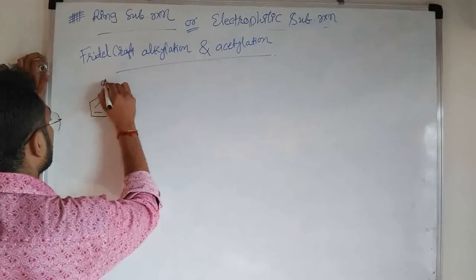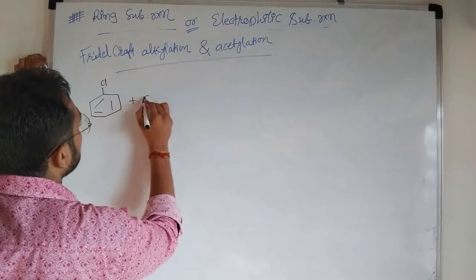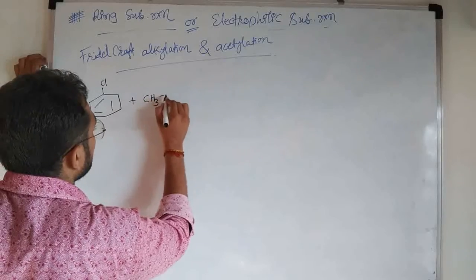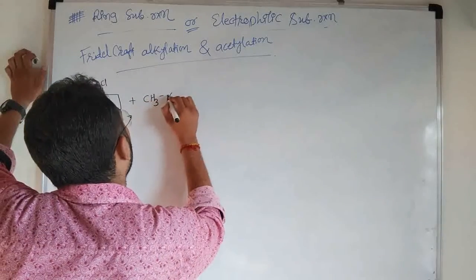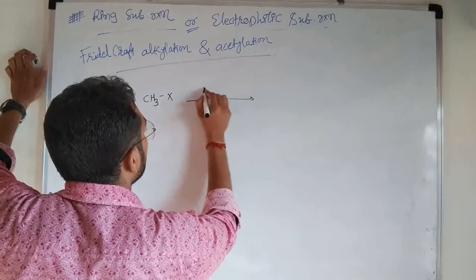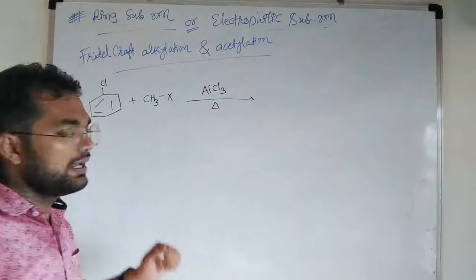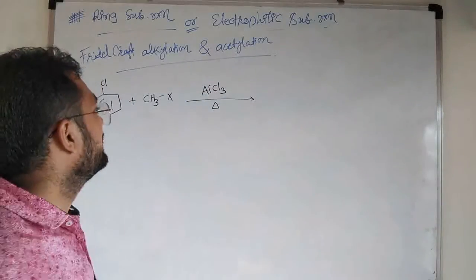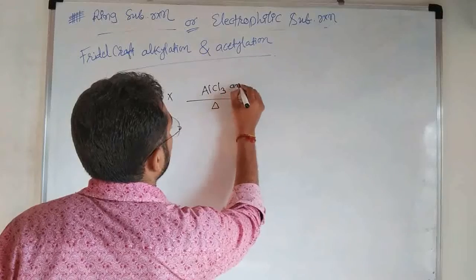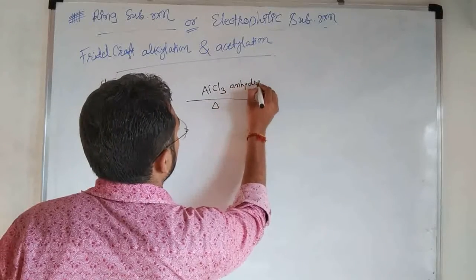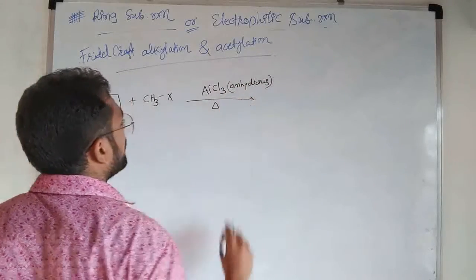This is chlorobenzene. It reacts with CH3X in the presence of AlCl3 and heat. Aluminium chloride, in anhydrous condition, without water.